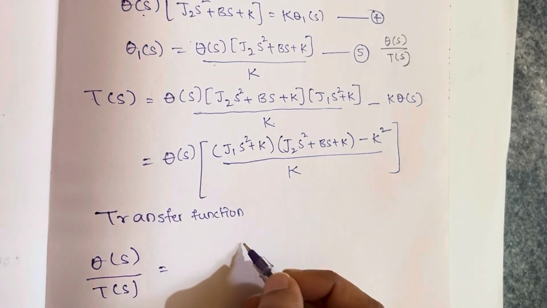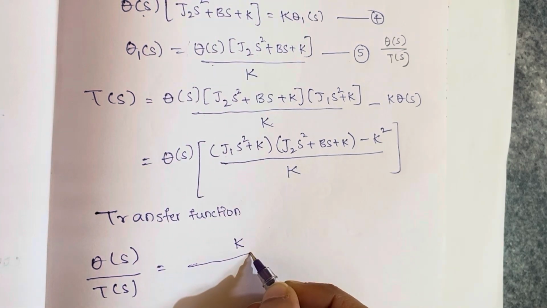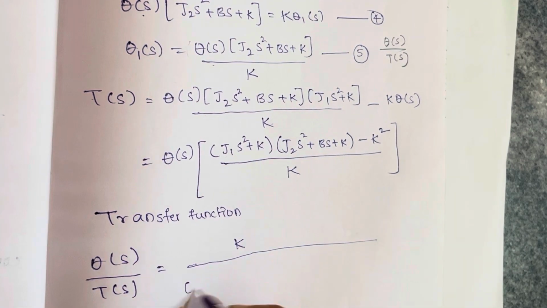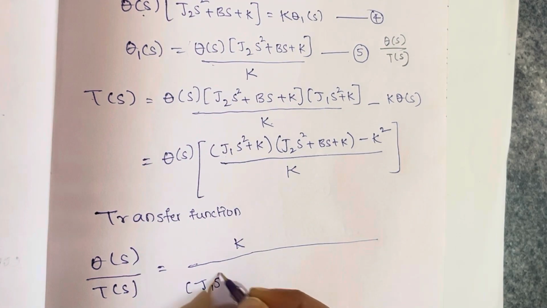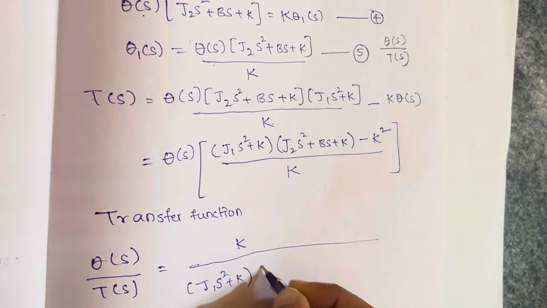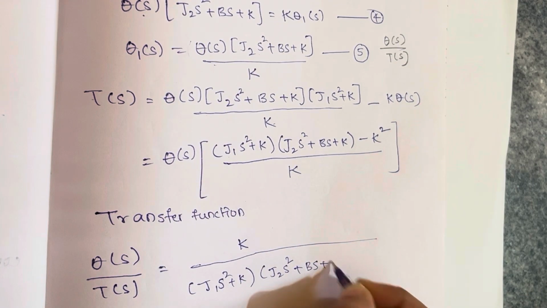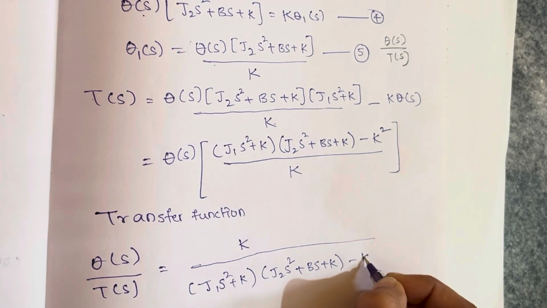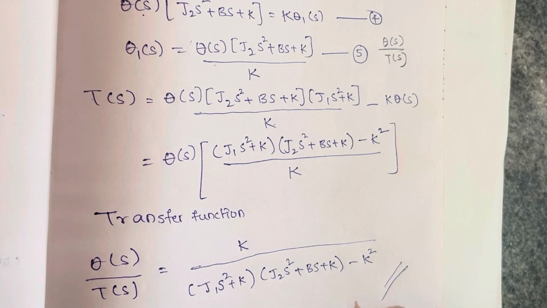Then I'll get k by (J1 s square plus k) into (J2 s square plus bs plus k) minus k square. So it is the required transfer function of the given system.